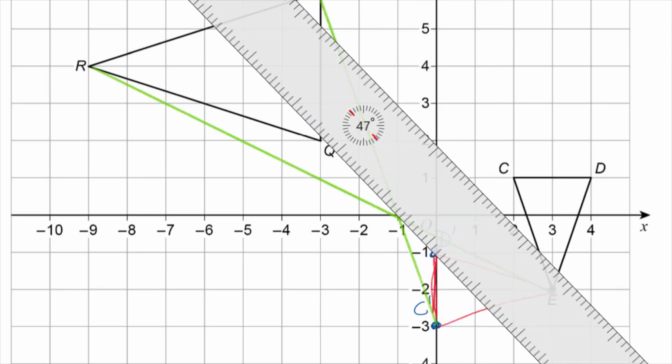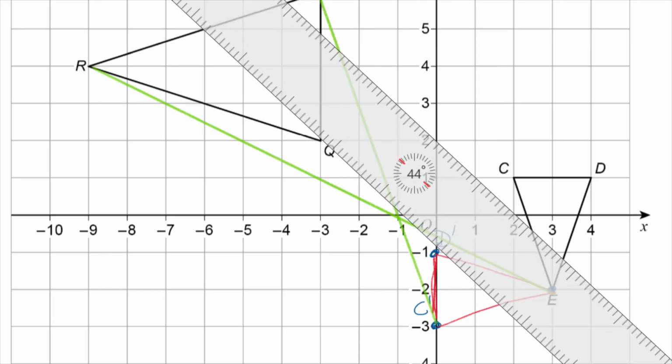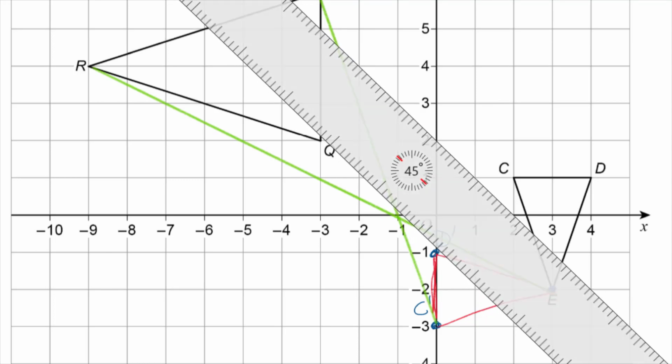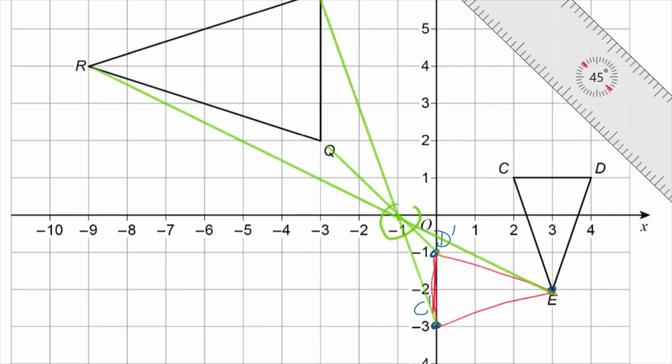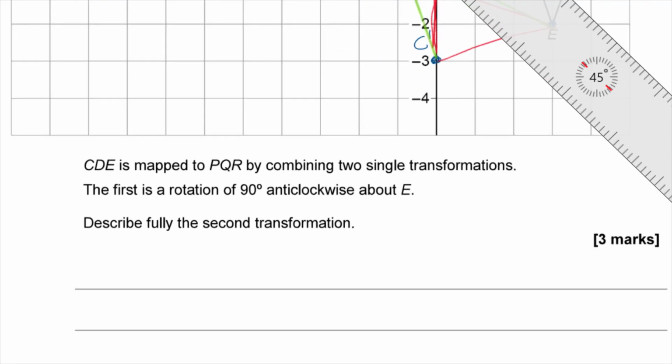You can see that they're converging on that point there. So that's going to be my center of enlargement, that point at -1, 0. Okay, so it's going to be an enlargement centered on -1, 0.